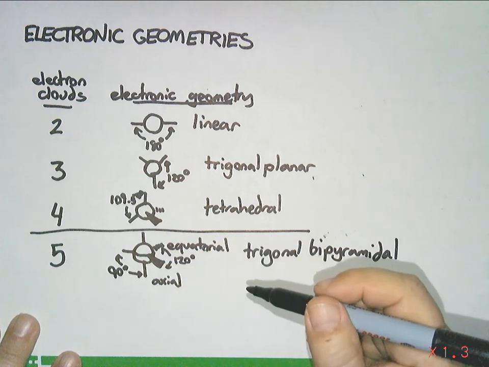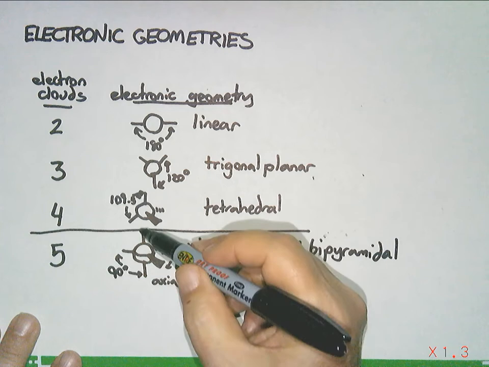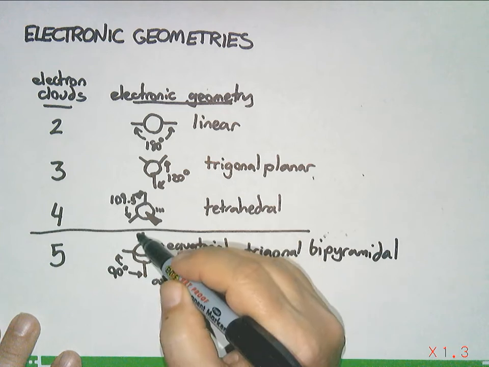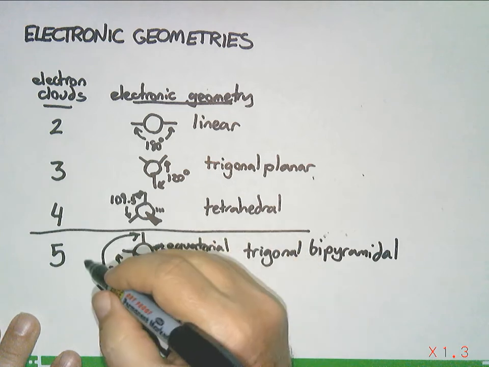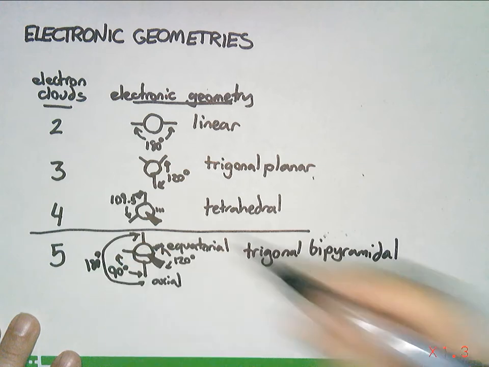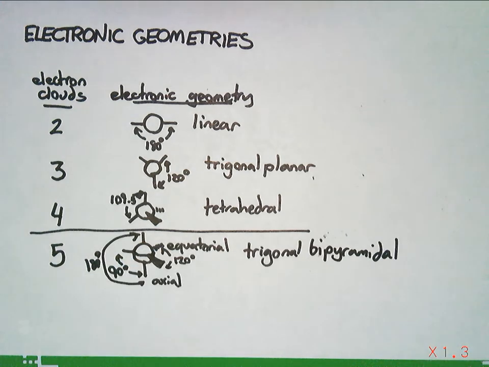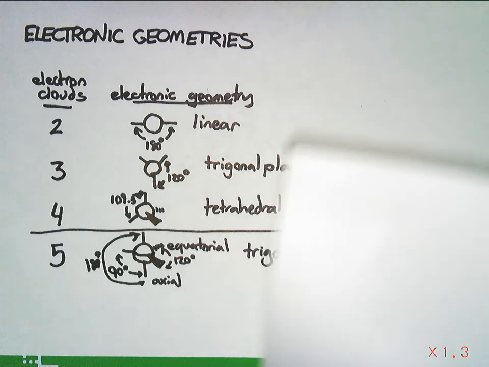And, of course, between the 2 axial positions, you would have twice 90. You would have 180, because that's a linear. So you have a number of different bond angles in this. This is the most complex electronic geometry that you can have. Let's do an example of a molecule that would have that electronic geometry.